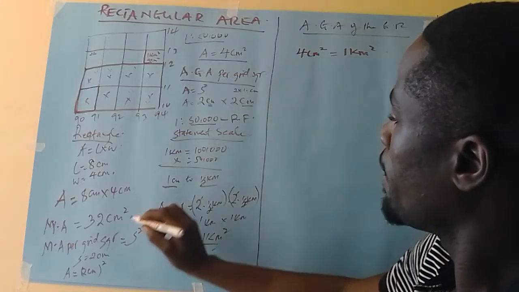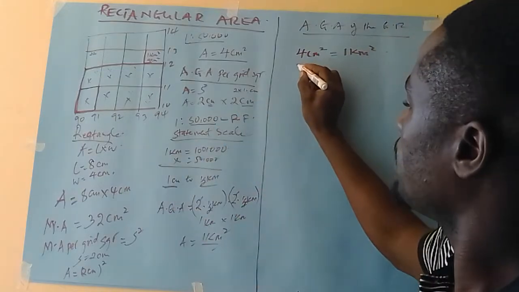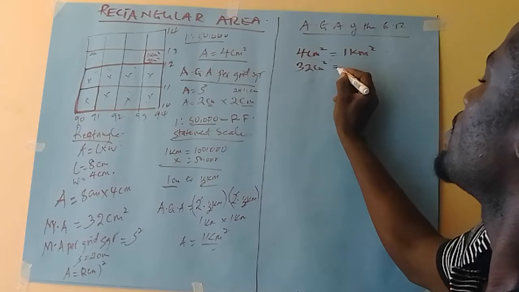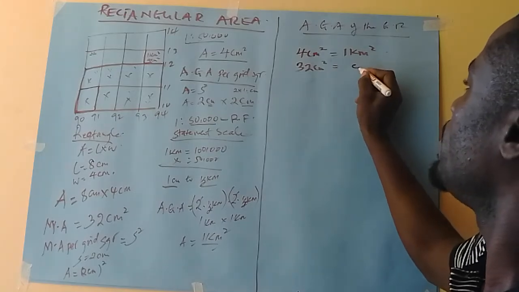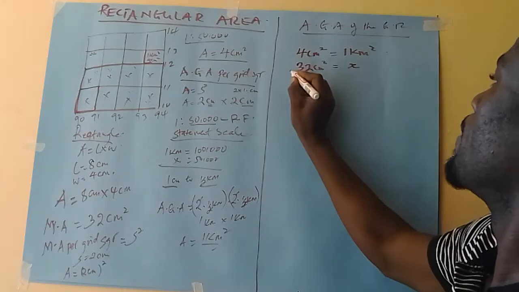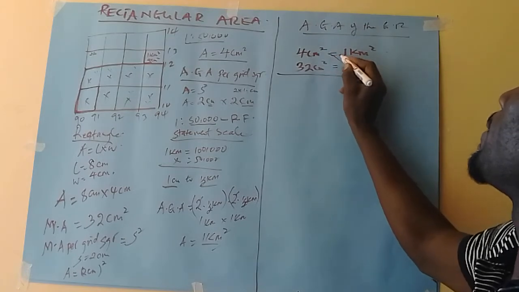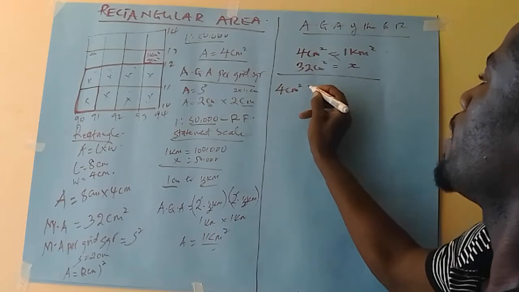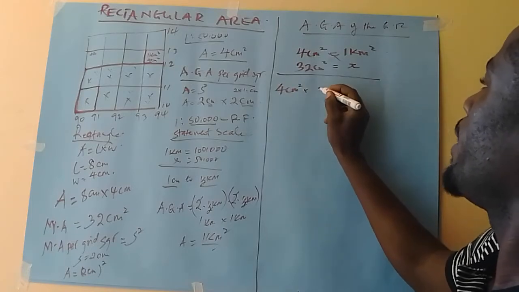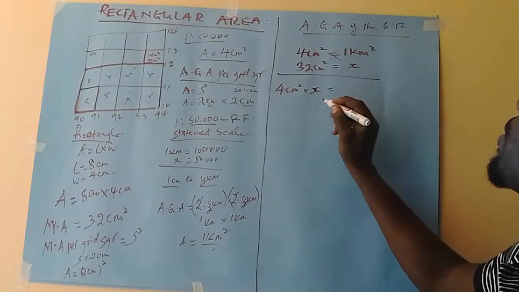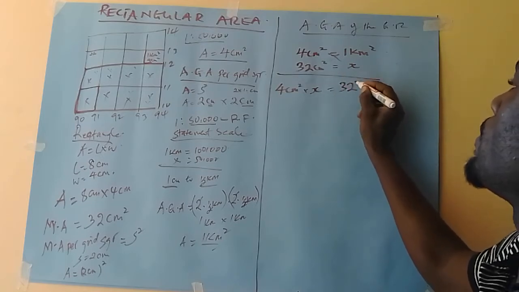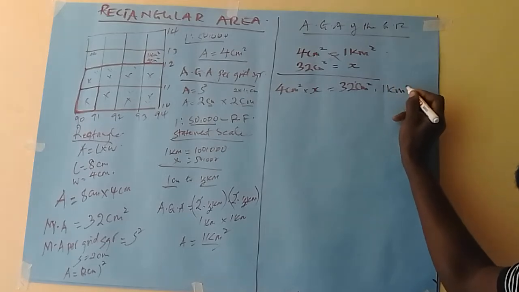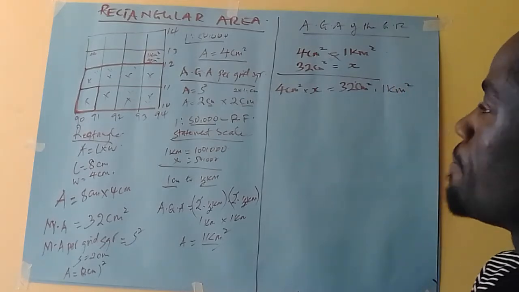If that is the case, how about 32 centimeters squared on the map? What is this on the actual ground? We can say let it be x. Cross multiply. We shall have 4 centimeters squared times x equal to 32 centimeters squared times 1 kilometer squared.